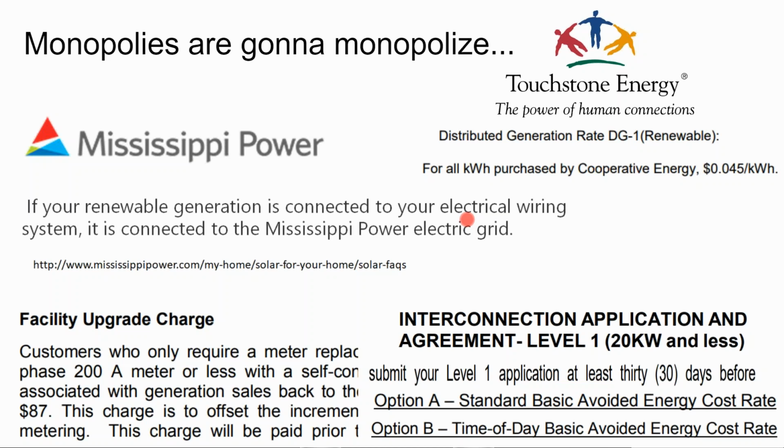I have an interesting project, this one I'm working on now, where that will kind of be a test run of that. But generally, what will happen is the utilities will charge you to install a digital meter on the home. Even if you already have a digital meter on the home, they'll charge you to install a different digital meter that is capable of reading the inflow and the outflow independently of each other.